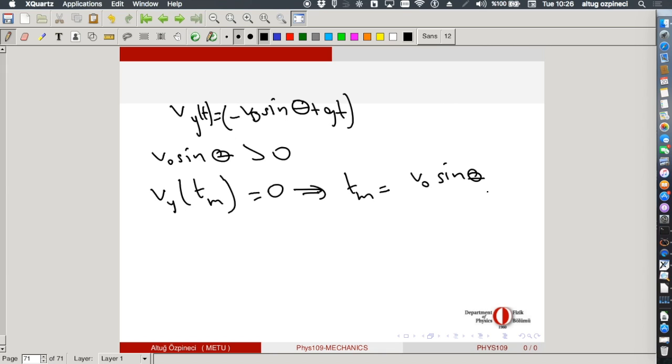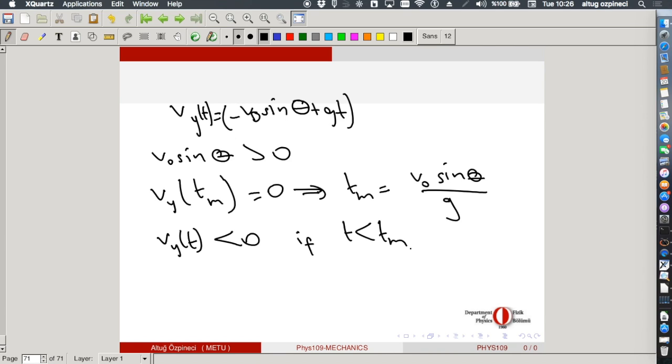Now, up to this point, Vy was negative. So if Vy was negative, is our object going upward or downward? Vy is negative. Up or down? What is the negative direction?